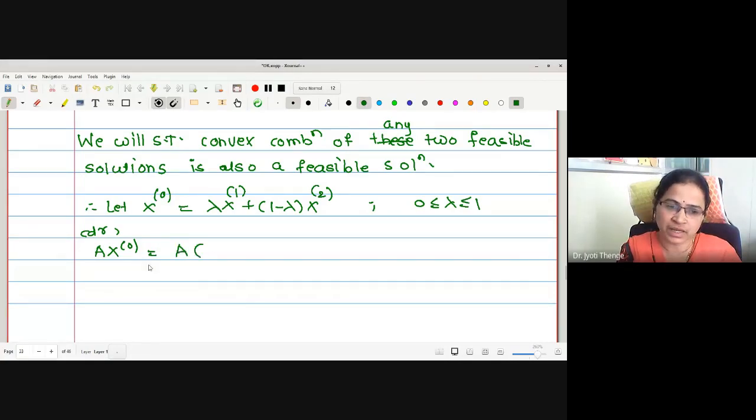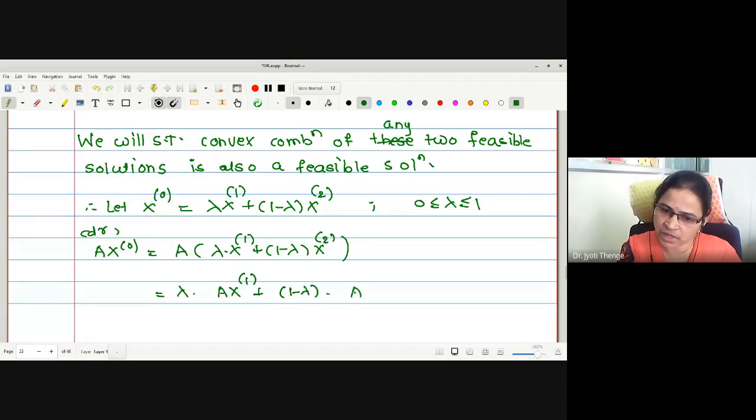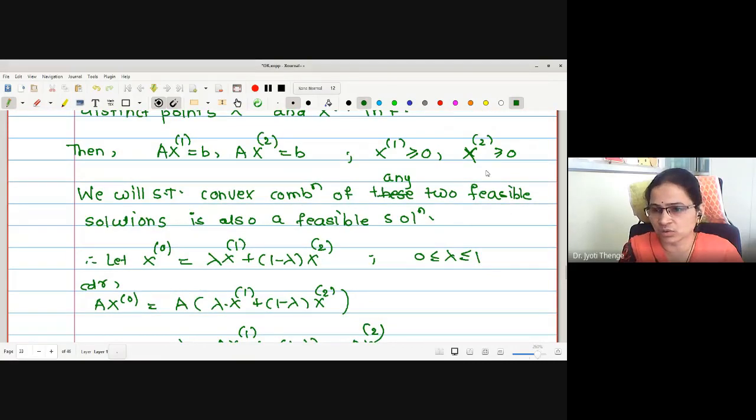Right? Therefore, I should consider Ax naught, and the aim is to prove it is equal to b. What is x naught? X naught is lambda x1 plus 1 minus lambda x2. Multiplying by A, taking lambda out, we get lambda Ax1 plus 1 minus lambda times Ax2. But already we have written that Ax1 and Ax2 are equal to b. Let me call this equation number 1.